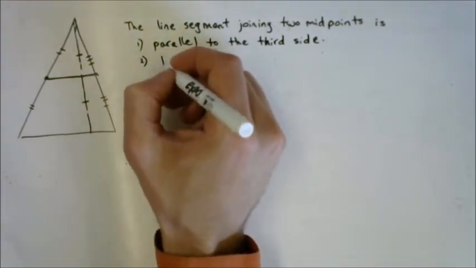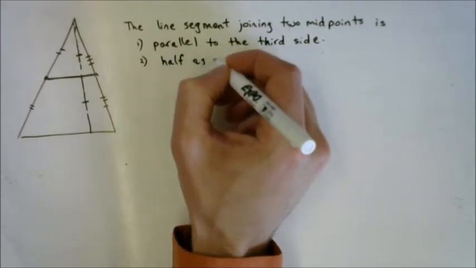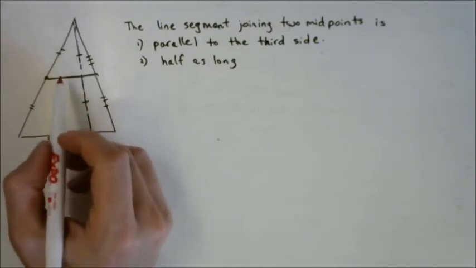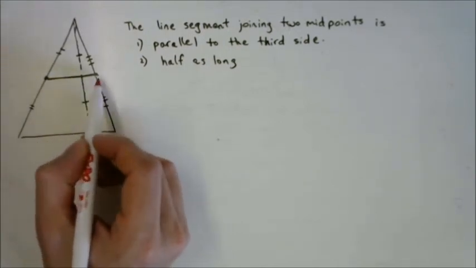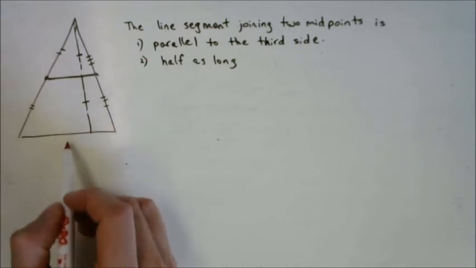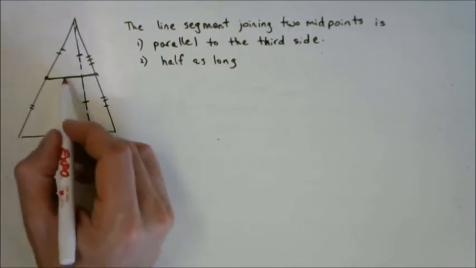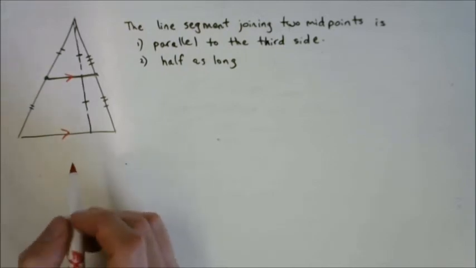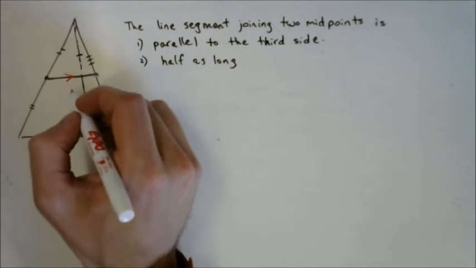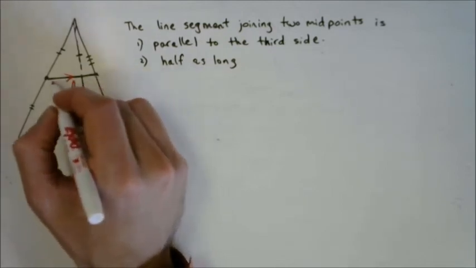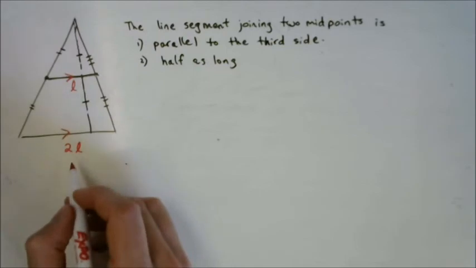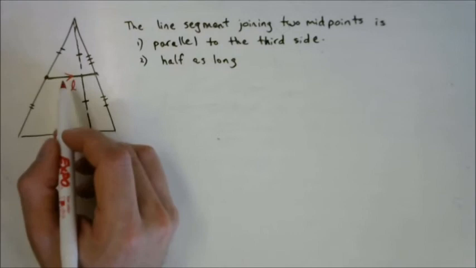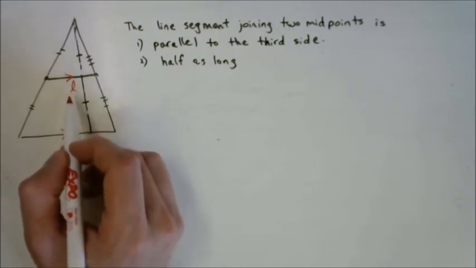And two, it is half as long. So what does that mean? The line segment joining two midpoints, that's this one right here, is parallel to the third side. It is also half as long. So the length of this line segment is half of this length. So the base can be represented by 2L. That would make this line segment 1L.